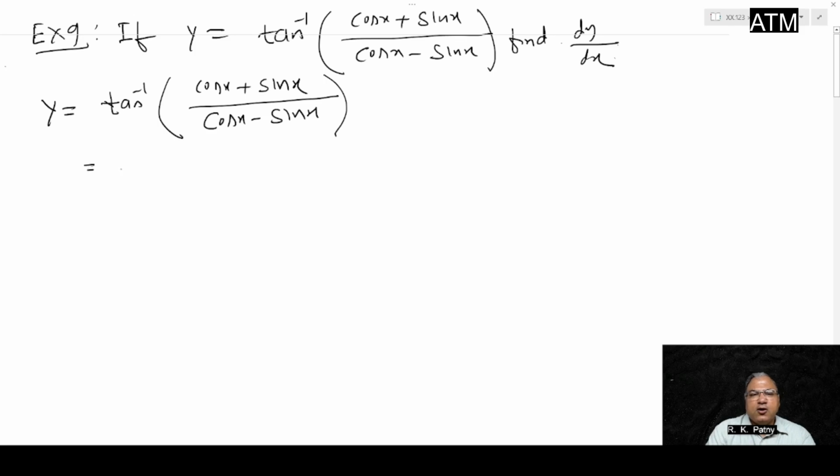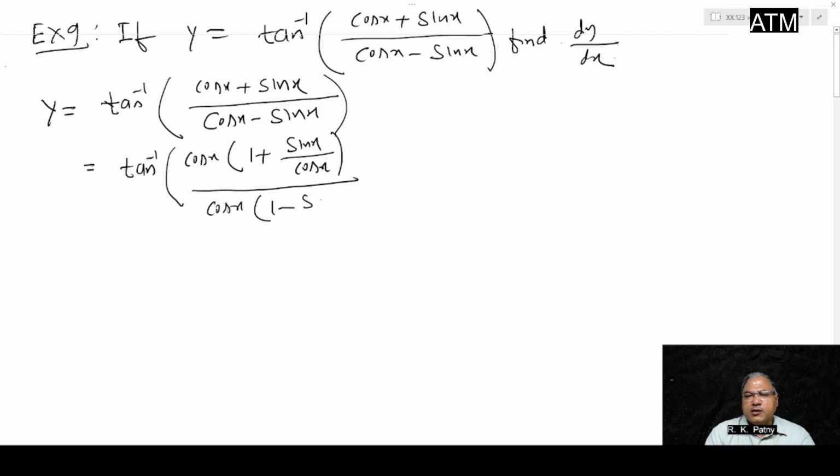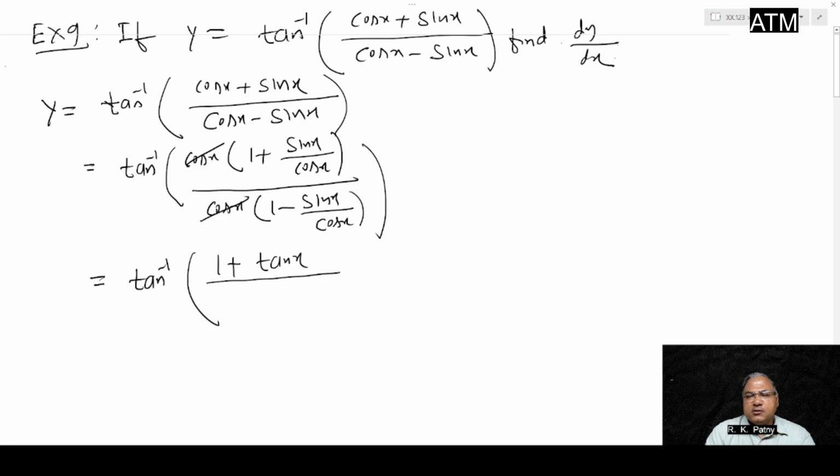Taking cos x common, in the numerator we get (1 plus sin x upon cos x). In the denominator also cos x common, (1 minus sin x upon cos x). Cos x gets cancelled.